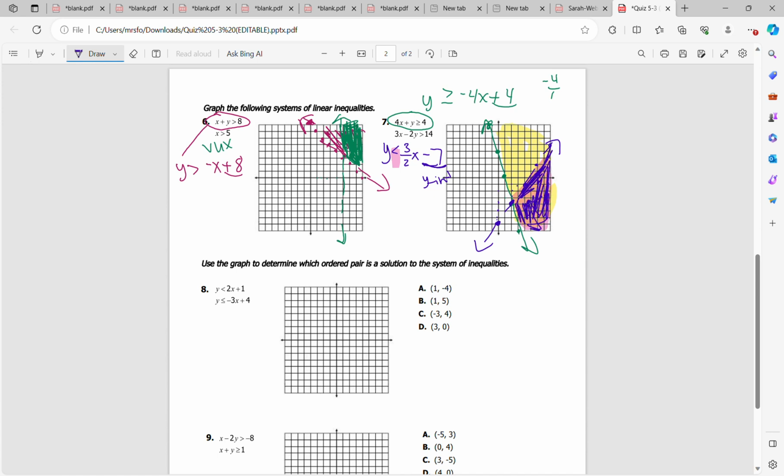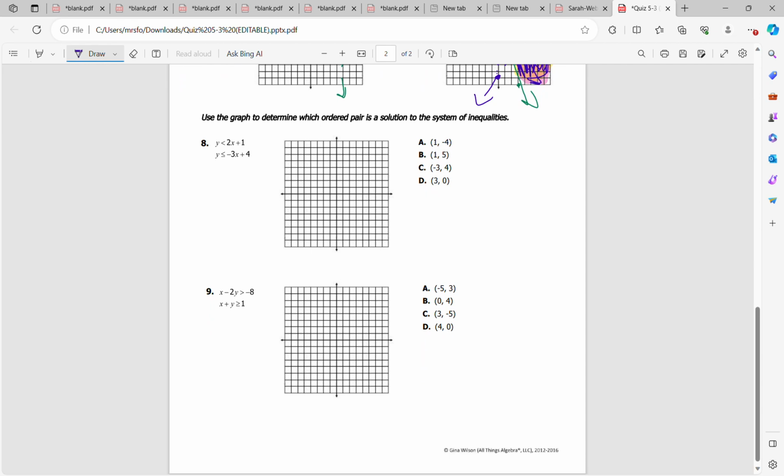Okay? So now, 8 and 9, you graph it, and then you choose the ordered pair that falls in the solution. So if I'm looking at number 8, I graph. Start with the y-intercept. The slope is 2. That's up 2 over 1.